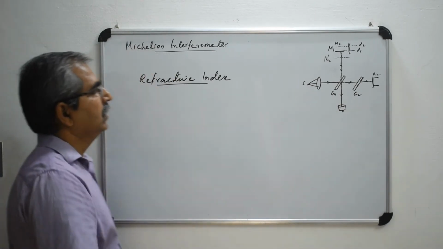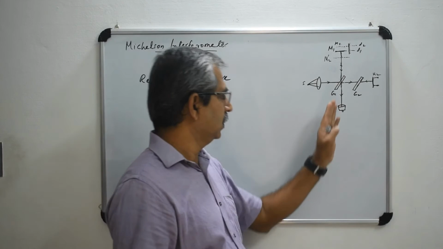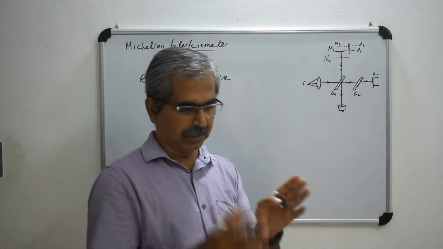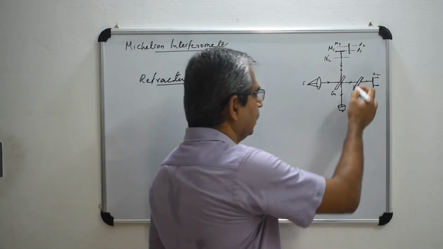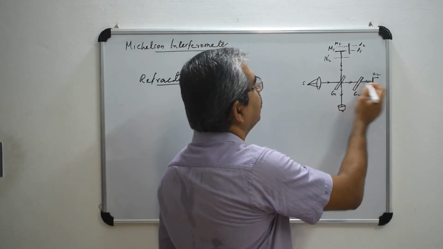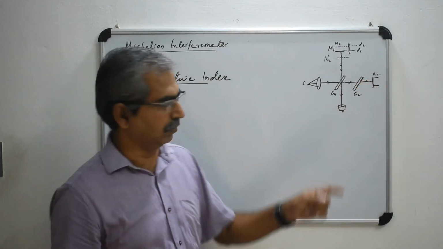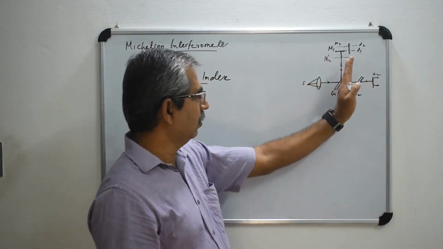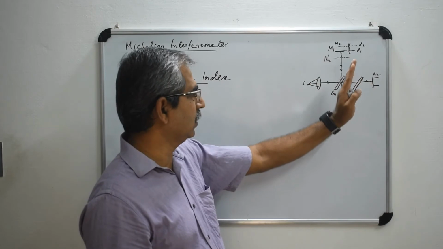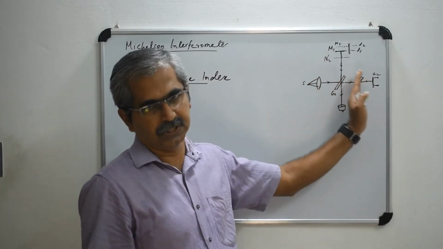Now here, suppose there is a transparent sheet, a very thin glass sheet. That is introduced in the path of one of the interfering beams. So this is the first one and this is the second beam. Now that thin transparent sheet is introduced in the path of one of these beams.